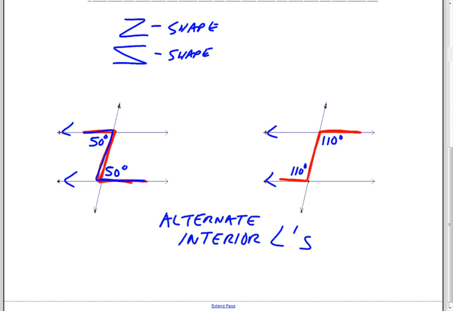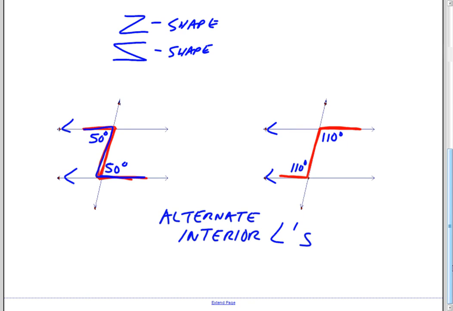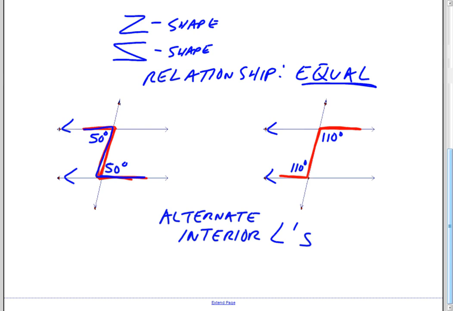What is the relationship when you have alternate interior angles? Are they equal, supplementary, complementary? What do you notice? Write down relationship. Equal again. Actually think about the words you're writing.